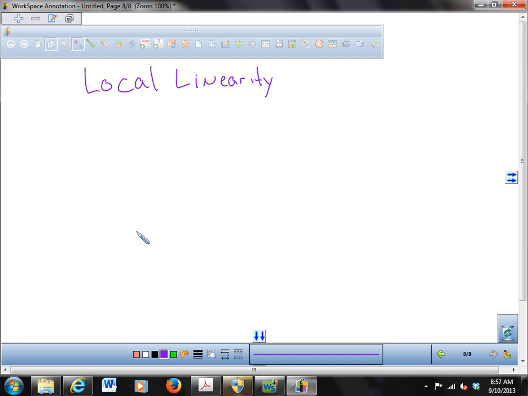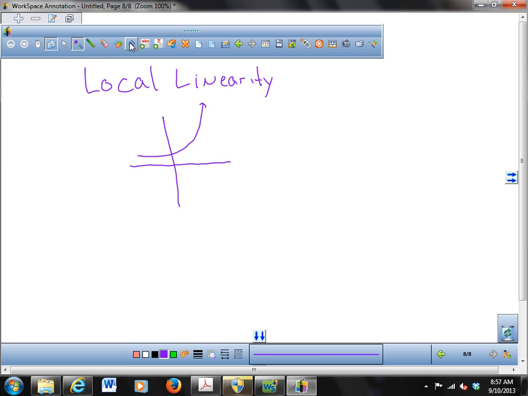But some mathematicians or physicists or whoever they were, they did some math and they figured out the Earth had to be round. But the idea of local linearity is kind of the same idea. If you have a curve, and maybe it looks like this, and I want to find the tangent line at a point on that curve, so let's say this is the tangent line at this point.